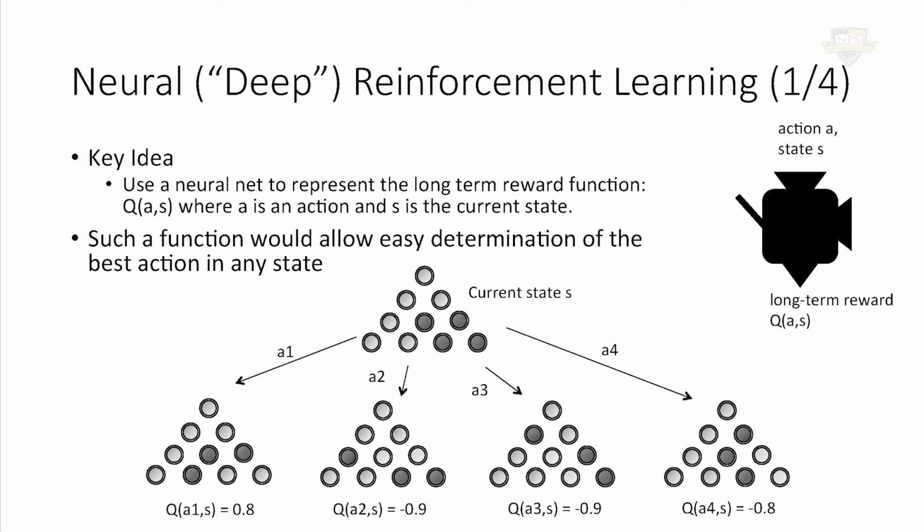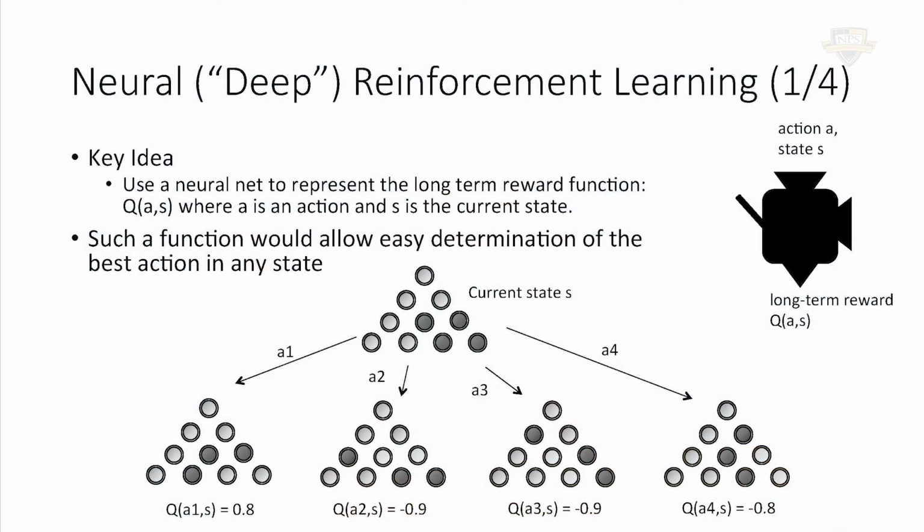I didn't just name this function myself, this Q of A, S. This is a holy object in AI, a known thing, the Q function. What it's supposed to do is you give it an action that you're considering and the current state of the world, and it tells you how well you'll do, not just instantaneously, but over the long term with that action. That's the idea of the Q function.